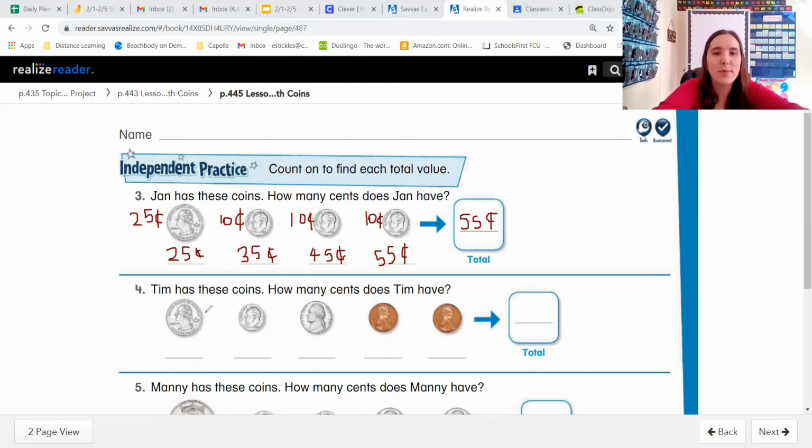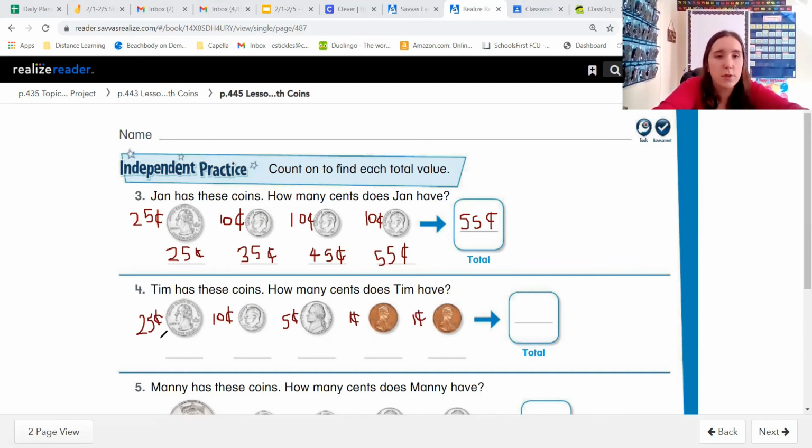Okay, here we go. How many cents does Tim have? So this is a quarter, so this is 25 cents. This is a dime, so that's 10 cents. This is a nickel, so that's 5 cents. These are both pennies, so those are 1 cent each.